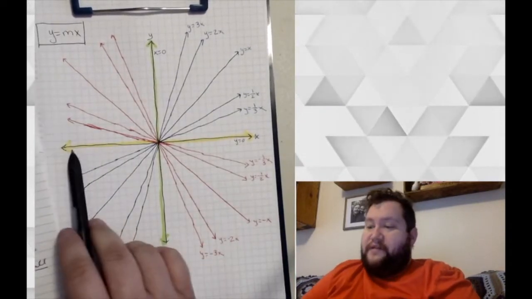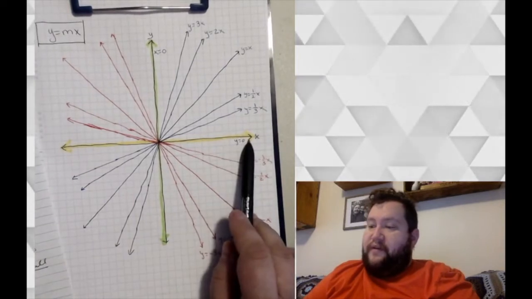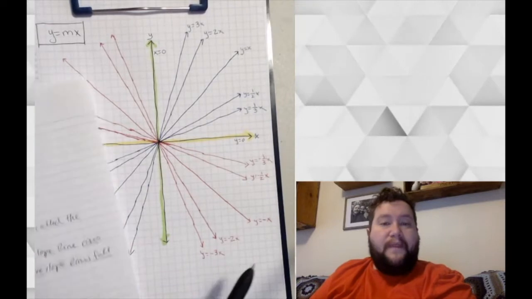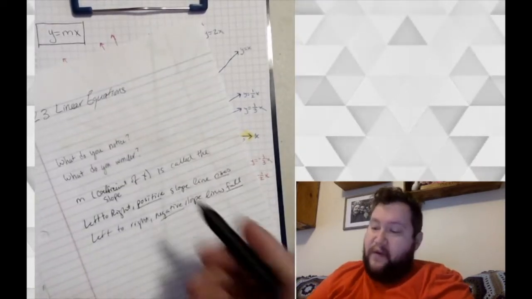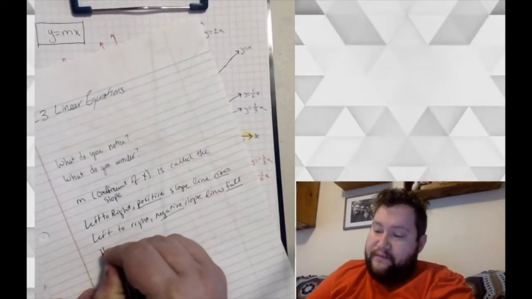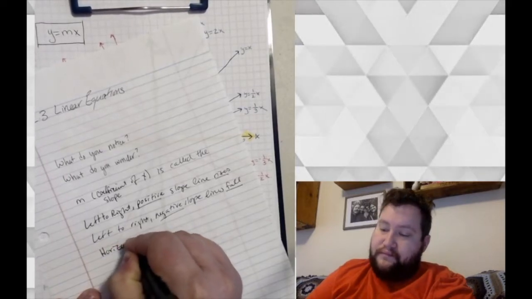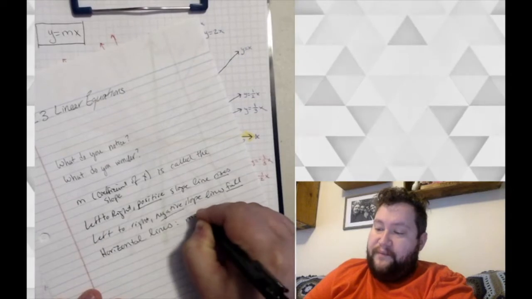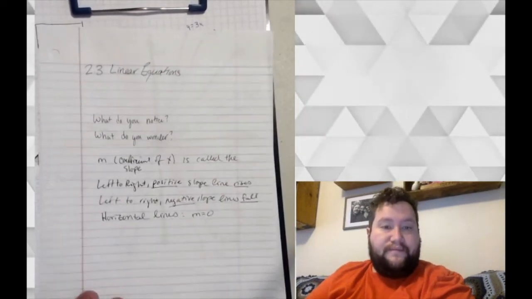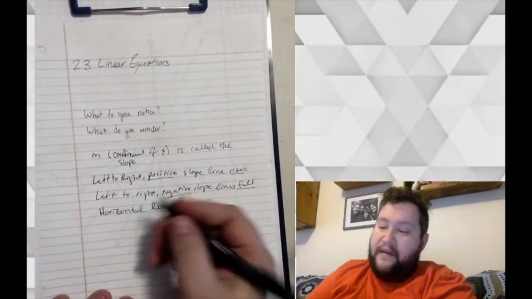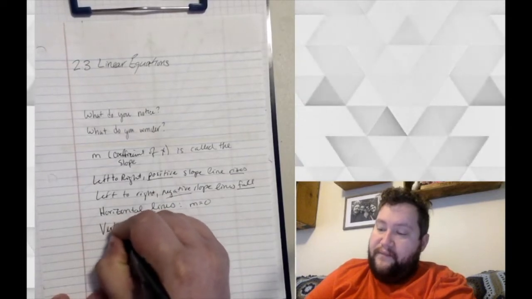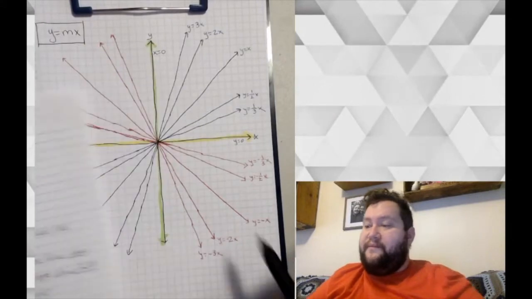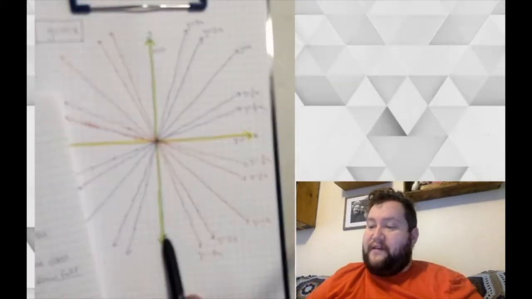Our horizontal lines, for example, y equals 0, and we could draw another one, say y equals 6, would move left to right. And so horizontal lines have slope equal to 0. And then for vertical lines, that's like our y-axis here.